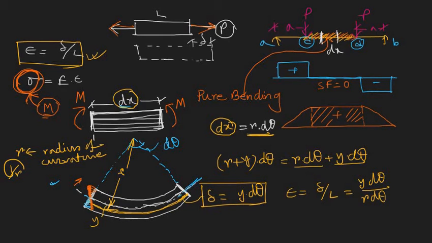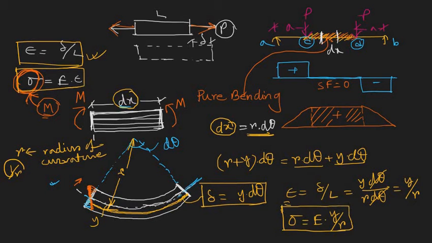You get strain as y by r, with d theta canceling. Now you know stress is the modulus of elasticity times strain. So stress is E times y by r. So you have got the stress due to this bending moment.